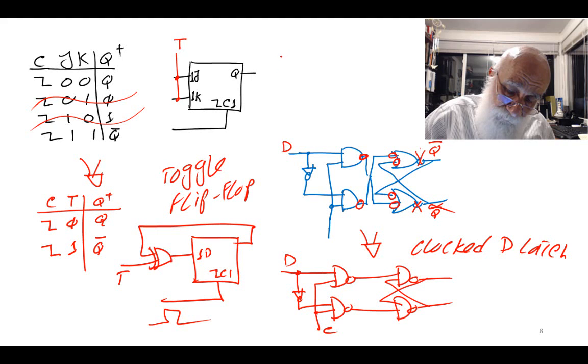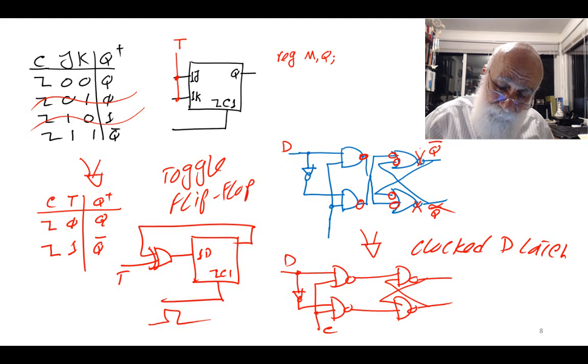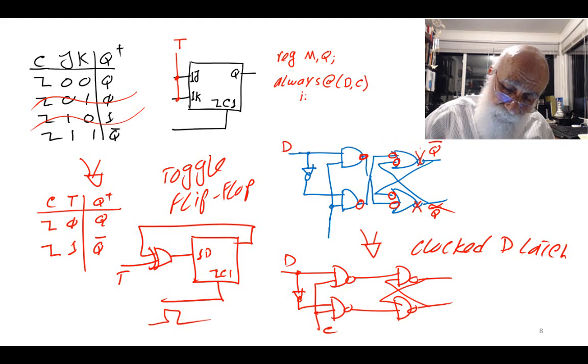Let's say reg M comma Q, and then you say always at D comma clock, if clock, Q gets D.